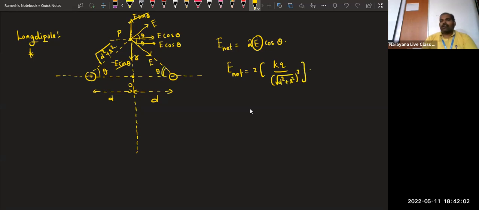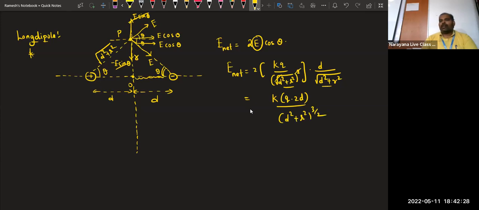Cosine theta is adjacent side by hypotenuse, that is d divided by under root of d square plus r square. So K into Q into 2d, and the square and root cancel out, leaving (d square plus r square) to the power 3 by 2.